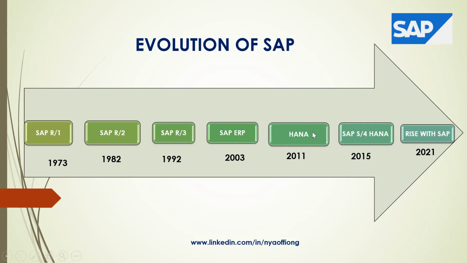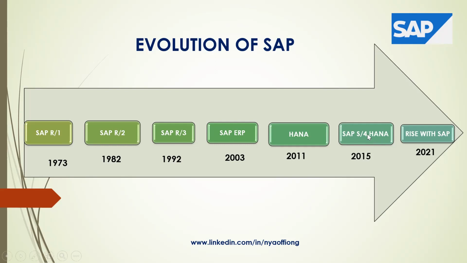Then it emerged to the higher version, which is SAP S/4HANA in 2015. This is when SAP Fiori users began to experience making use of mobile devices, and also having the option to deploy on hybrid premises and cloud technologies.